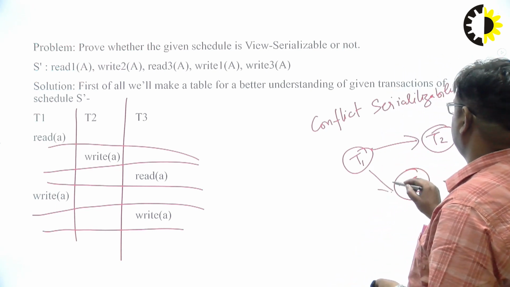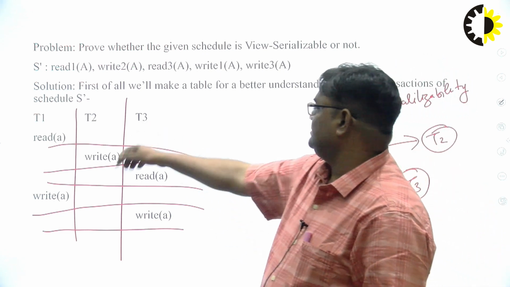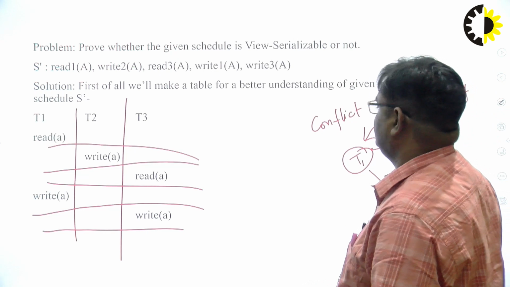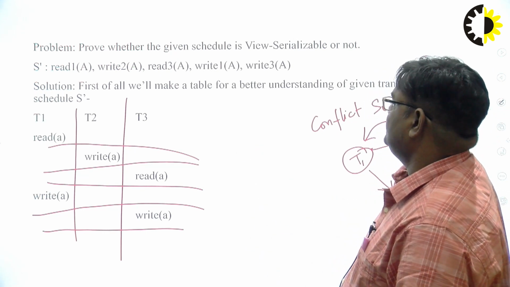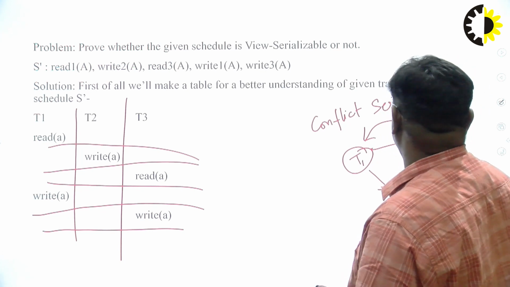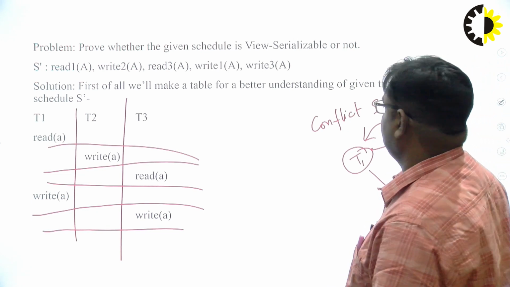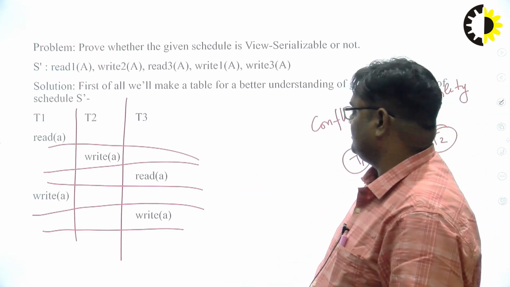Then we look at T2: T2 to T1, there is an edge present, and T2 to T3 there is an edge present, and T2 to T3 again we don't have to mark the arrow again.